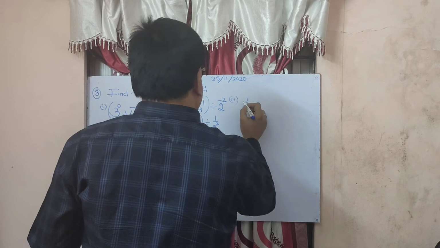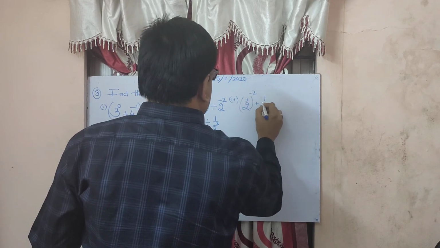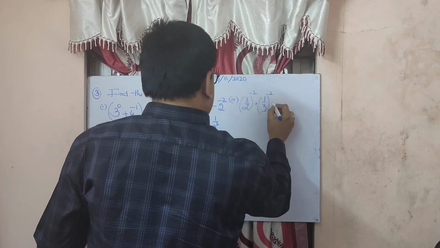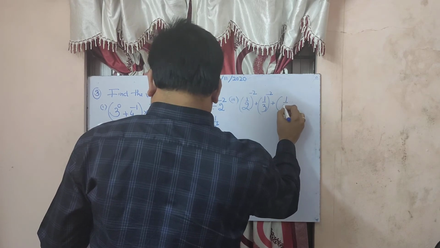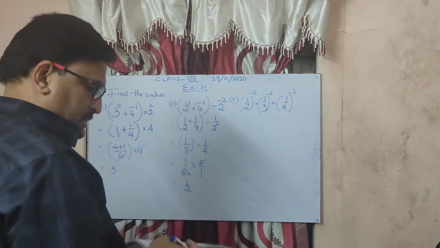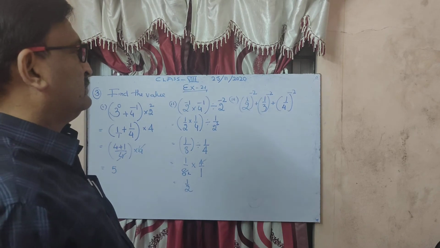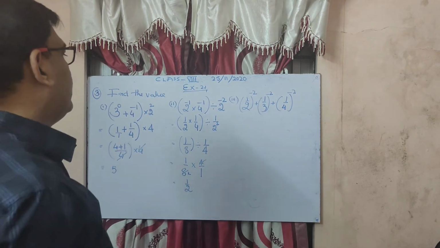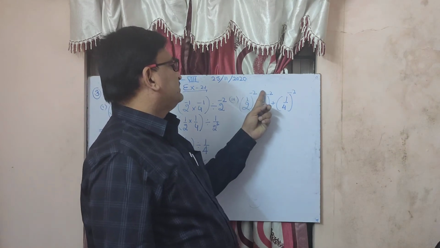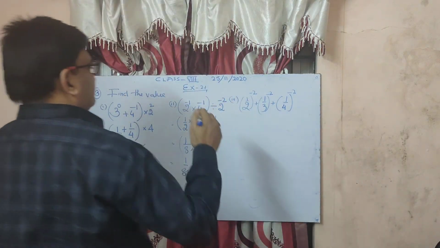1 upon 2 to the power minus 2 plus 1 upon 3 to the power minus 2 plus 1 upon 4 to the power minus 2. Okay, now just look here. I told you, if you want to change the negative powers into positive, what you have to do? Reverse.